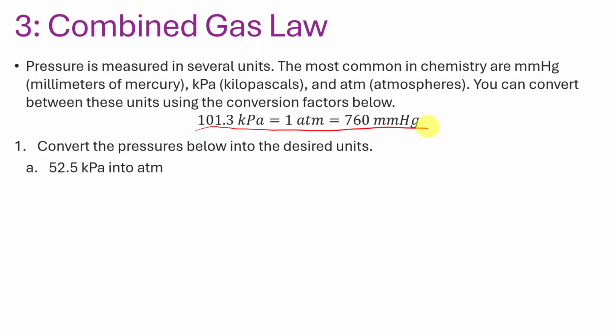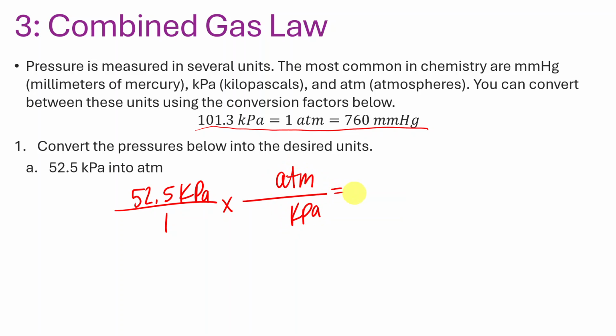So for the first question, we have 52.5 kPa over 1. And we want to convert this into ATM. So this means that I need to put kPa on the bottom here, kilopascals, and I need to put my desired unit on top. So according to my conversion factors, 1 ATM is equivalent to 101.3 kPa.